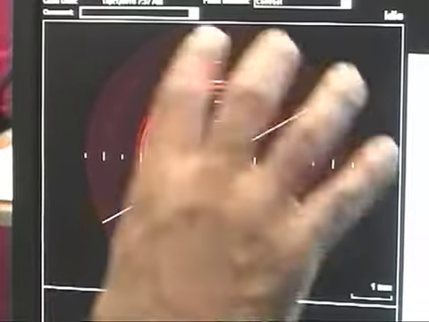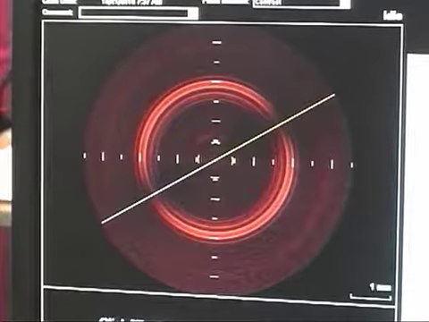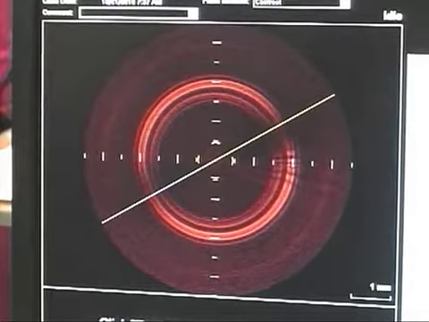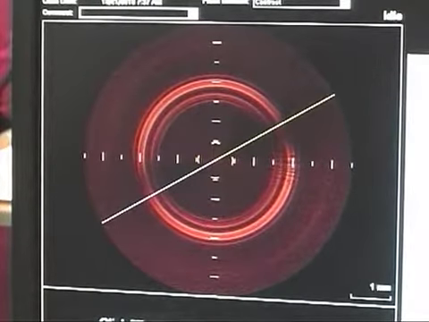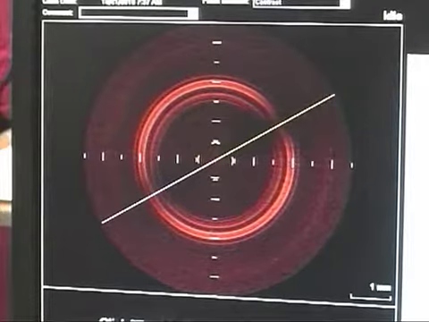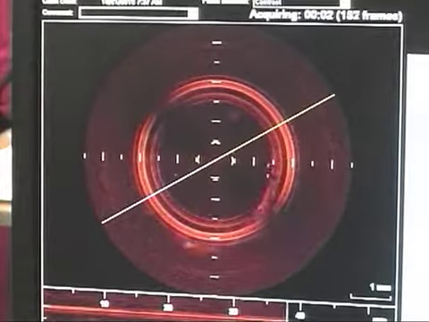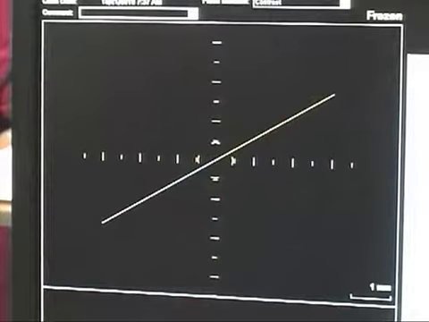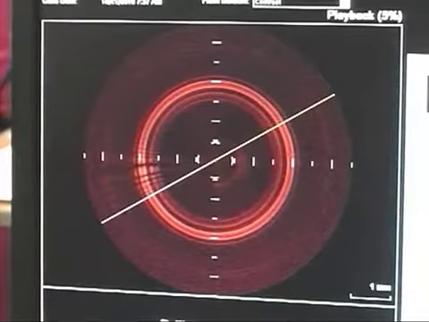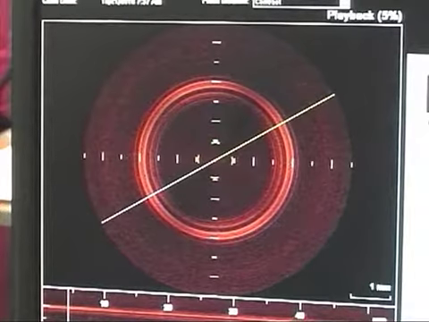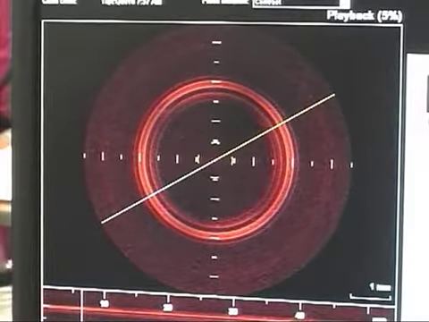Okay, ready? Puff, we did. Okay, good. It hasn't shown anything. I think there are some technical issues.